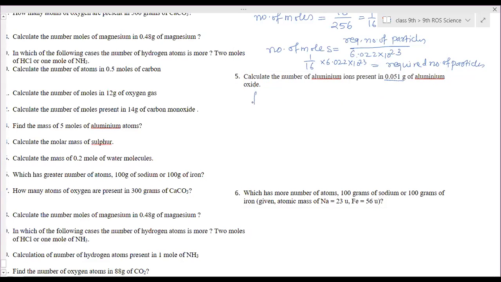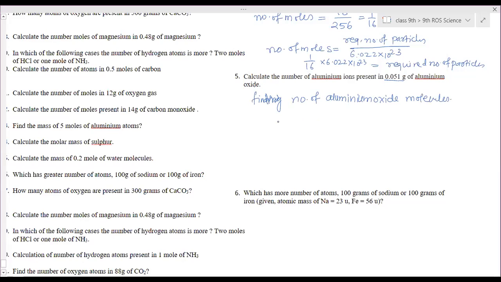So first finding number of aluminium oxide molecules.